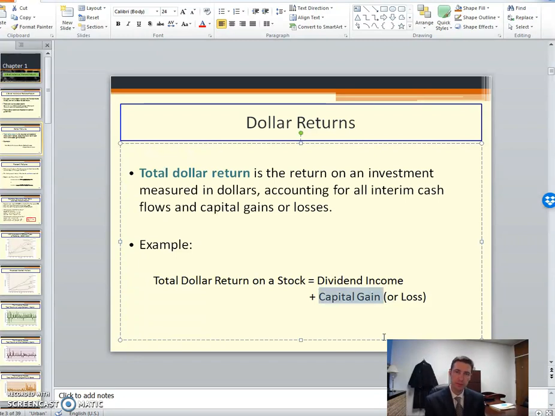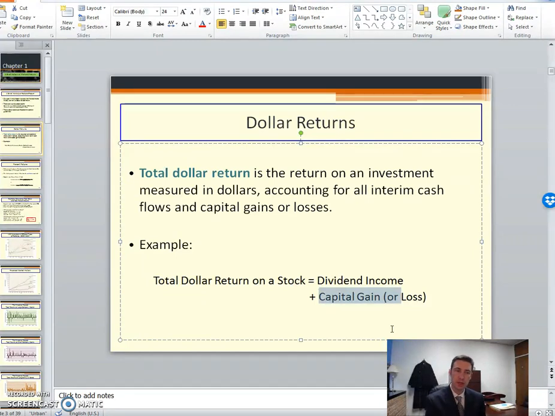Dividend income is the income you would get as a shareholder from a company. A company has a certain amount of earnings. Those earnings get paid out to shareholders in the form of dividends, and that would be the dividend income that you receive as an investor in that company. The second source, the capital gain or capital loss, comes from buying the stock and then selling it later at a different price.